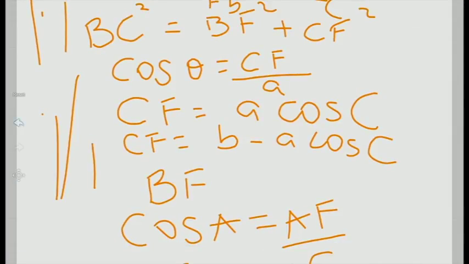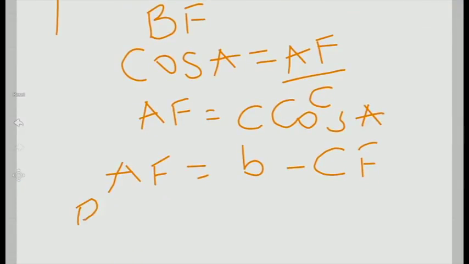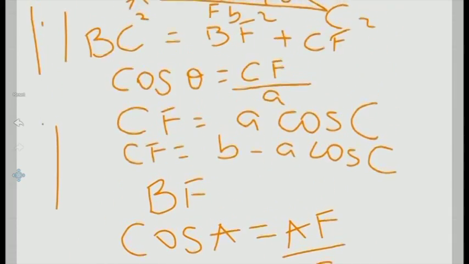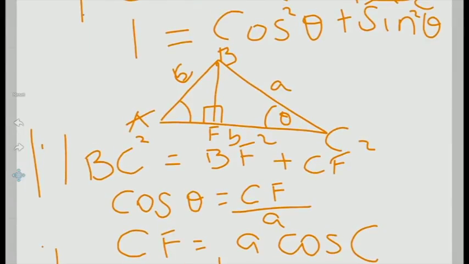Let's substitute into the main equation and see what we can get. BF is the opposite of this angle here, so we have the opposite over the hypotenuse, which is C. So BF is equal to C sine A.